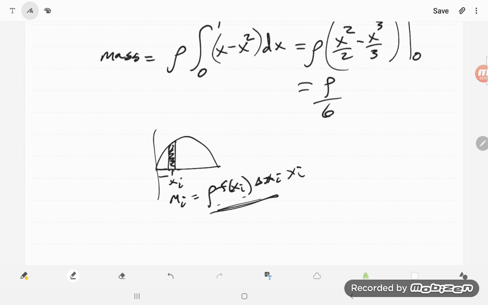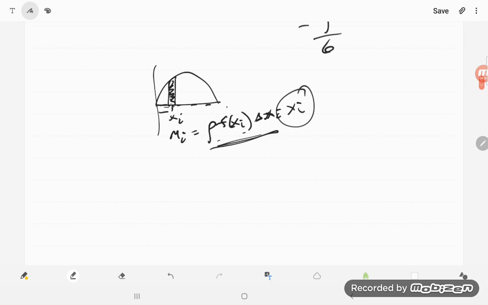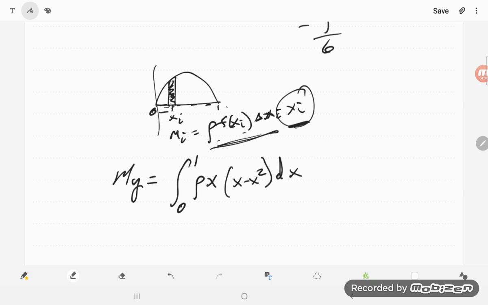Of course I'm going to do that with each of these and add it all up between 0 and 1, so my m sub y is the integral from 0 to 1 of rho, x from my xi there, and my f of x, which was x minus x squared, dx.